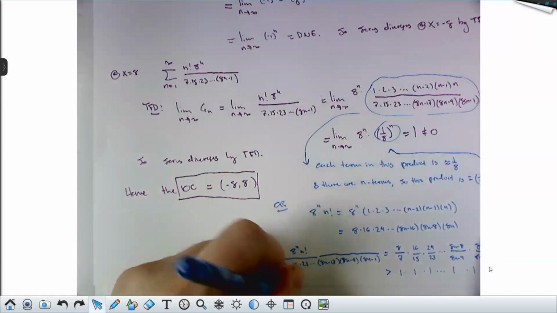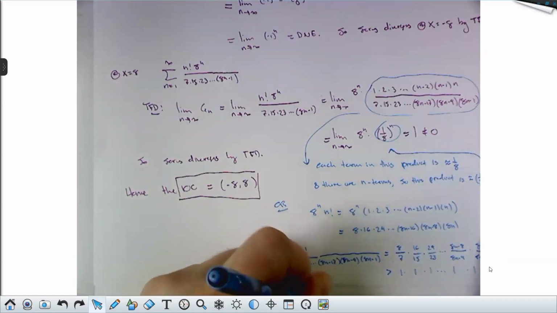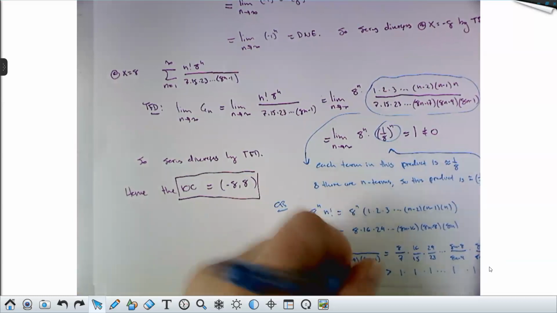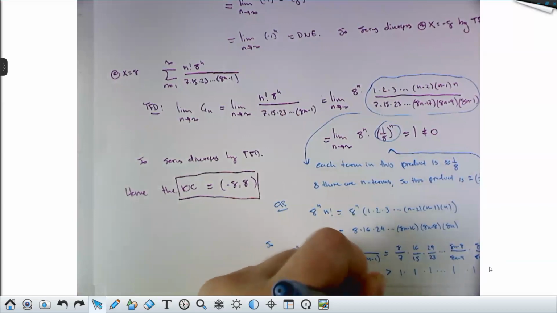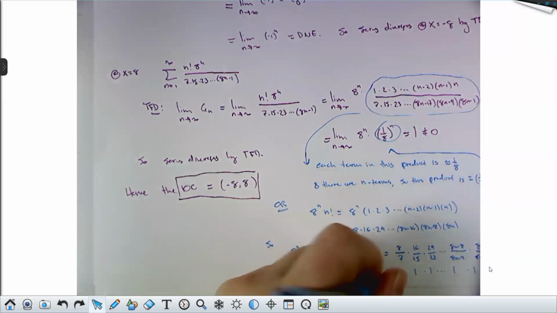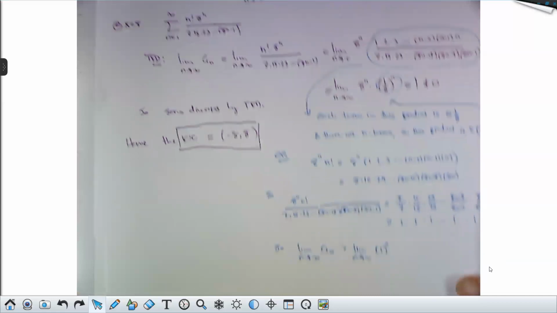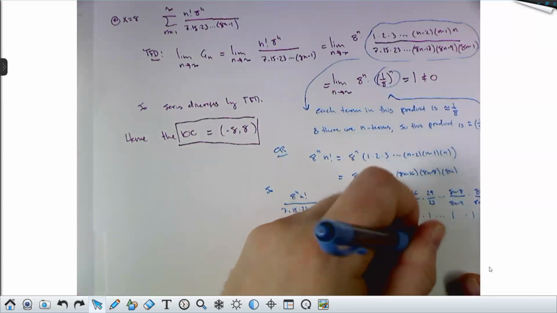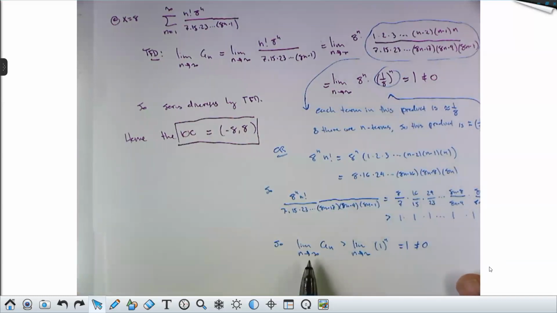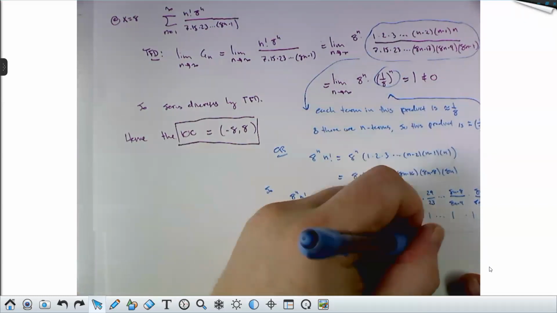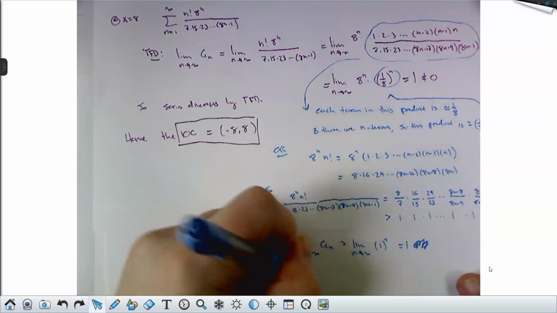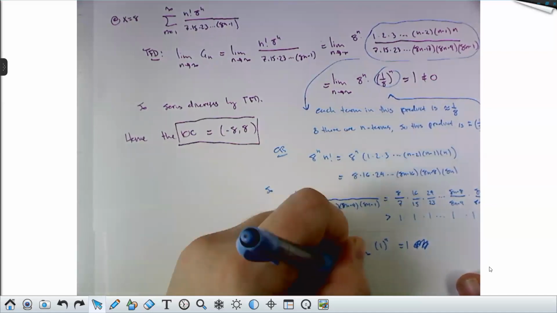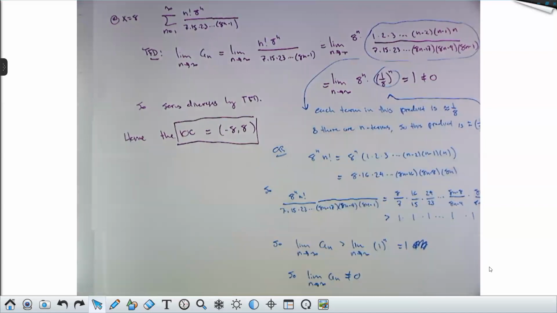So the limit as n goes to infinity of a_n must be bigger than the limit as n goes to infinity of 1 to the n, which would just be 1, which is not 0. I don't even need the not 0, it's just 1. So the limit as n goes to infinity of a_n is not 0. That's the way they get there.